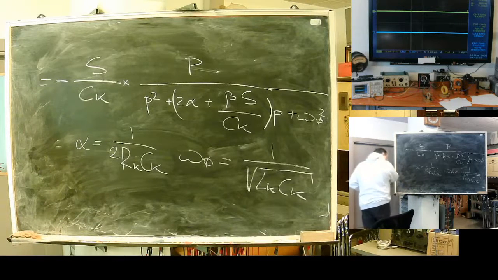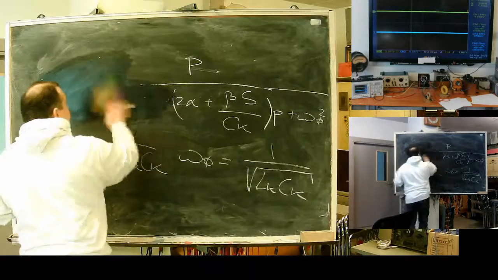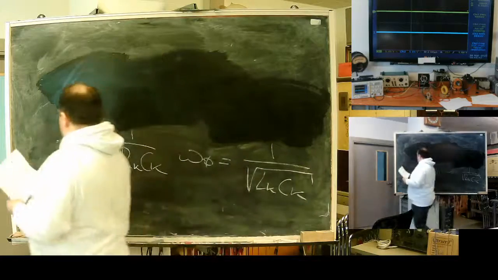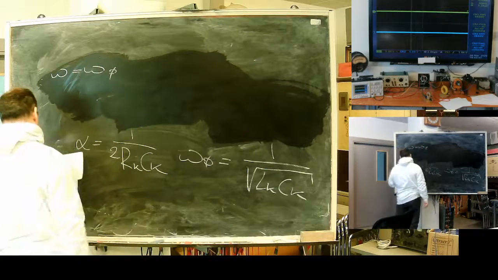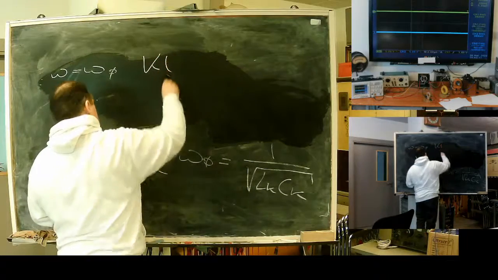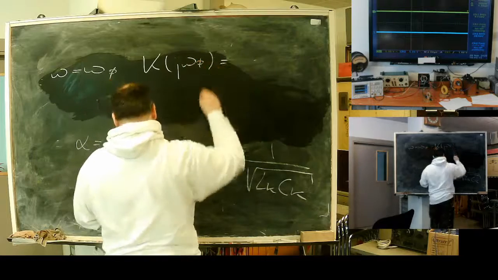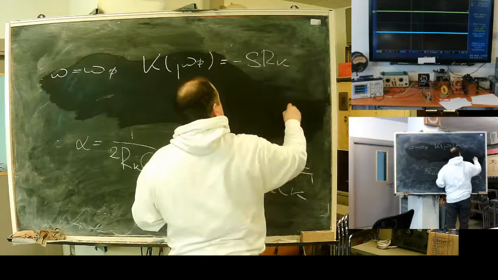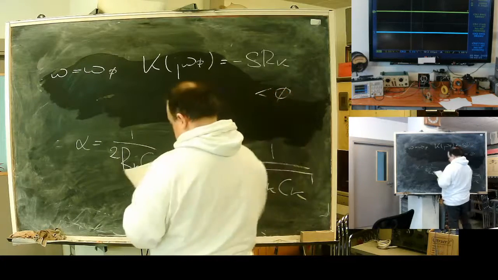One note. When we are at the frequency of resonance, the transfer at omega 0 will be minus L contour. It's negative, it's less than 0.